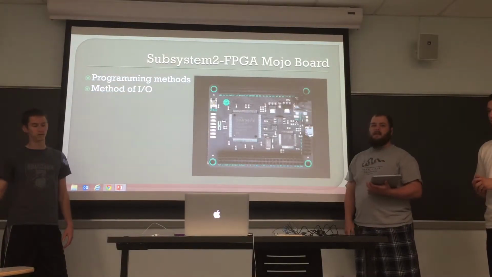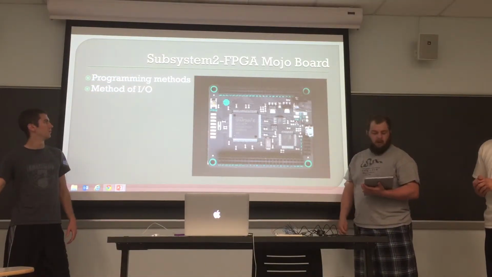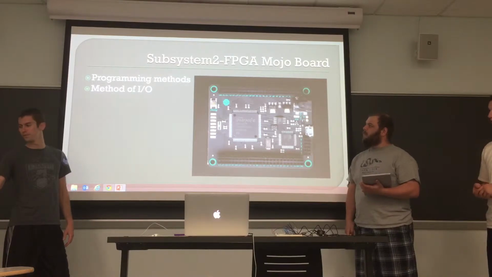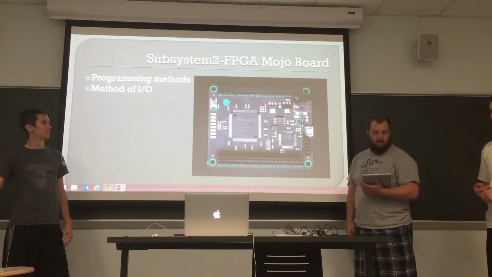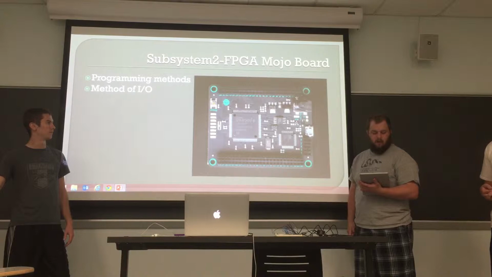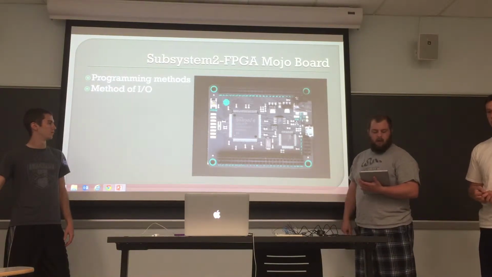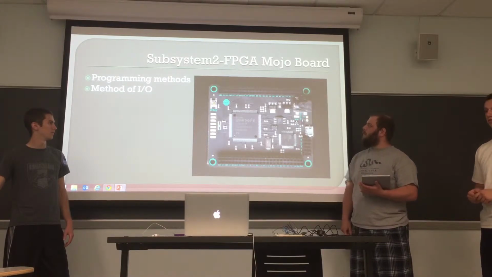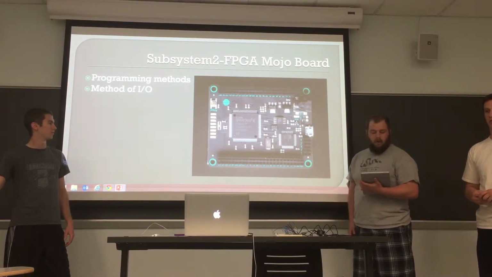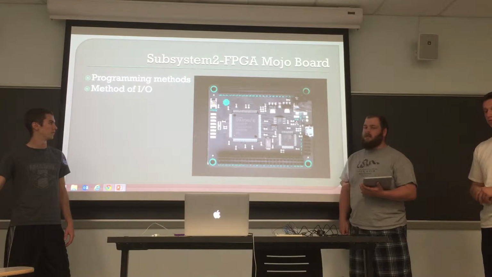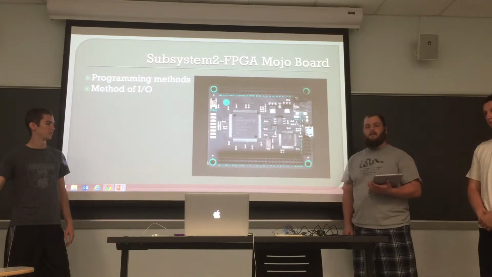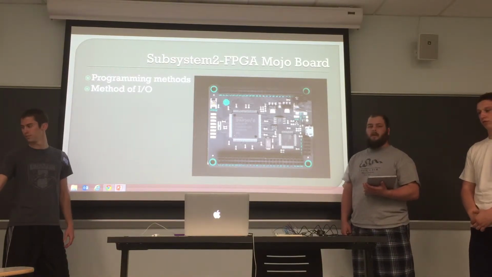So System 2 consisted of the FPGA Mojo board. The programming language for the board is VHDL, which is Very High Speed Integrated Circuit Hardware Description Language. It's a general parallel processing language. There are 2 methods for VHDL. One is conventional for higher level languages. The other is schematic.